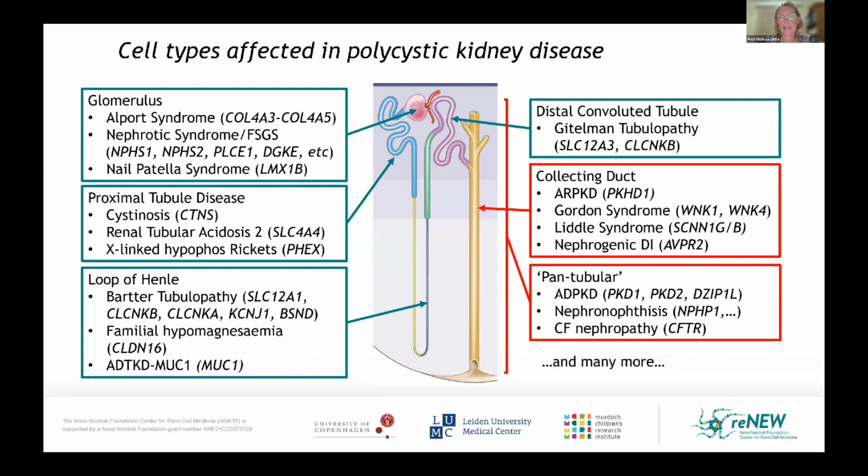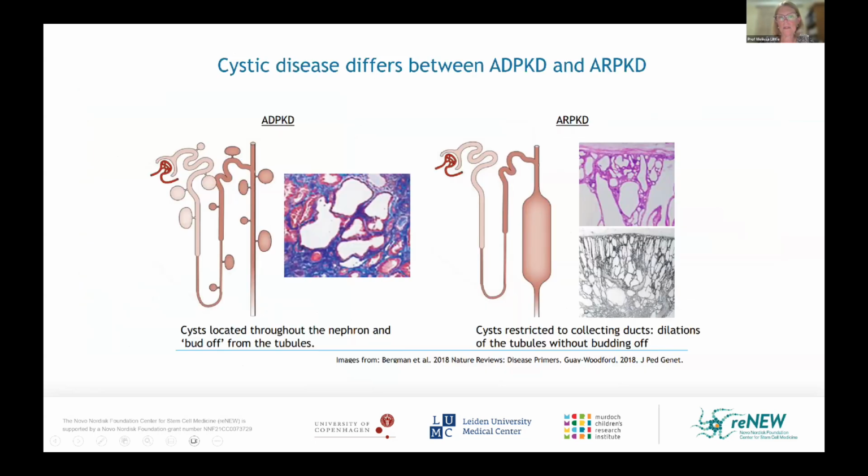But what about cystic kidney disease? To have a good model of polycystic kidney disease, whether that's autosomal dominant or autosomal recessive polycystic kidney disease, note that the sorts of cysts that arise in patients vary depending upon whether you're autosomal dominant or autosomal recessive.